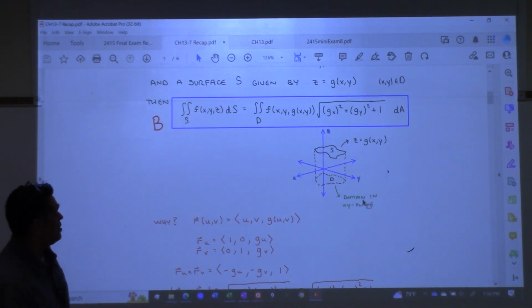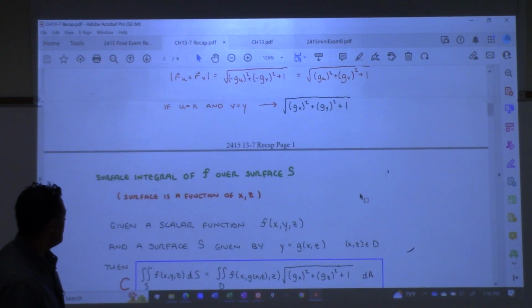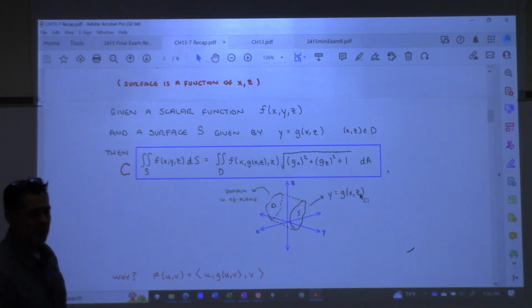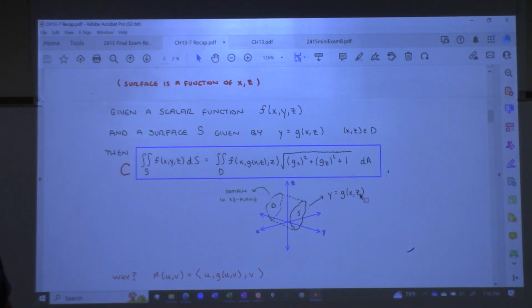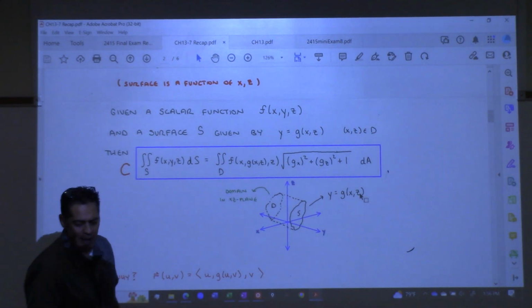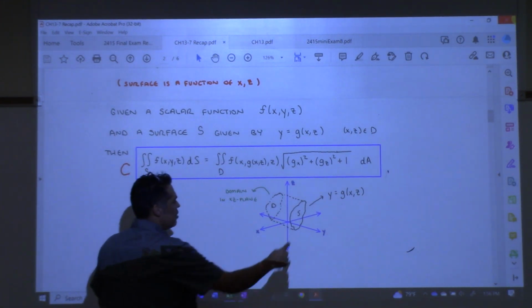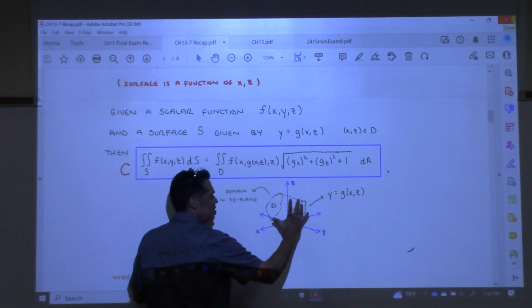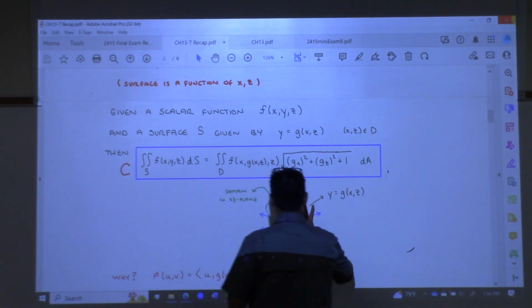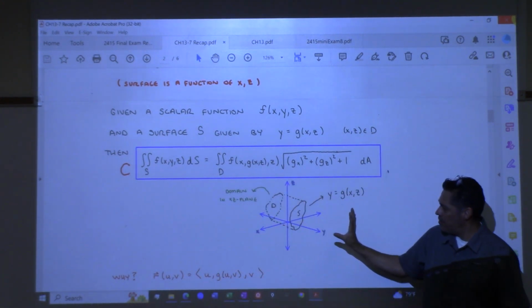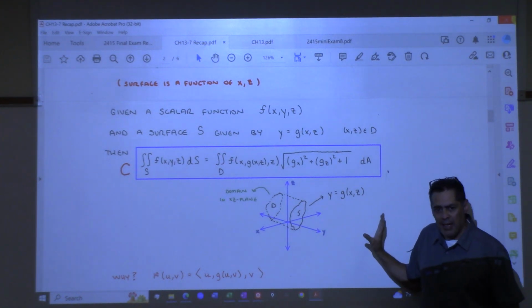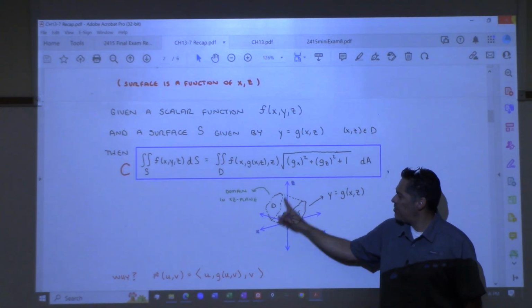Okay, let's look at the next special scenario. What if you have a different surface, a function of x and z? So your y is a function of x and z. This time your surface is coming out the y-axis, like this, and the domain is projected upon the xz plane.